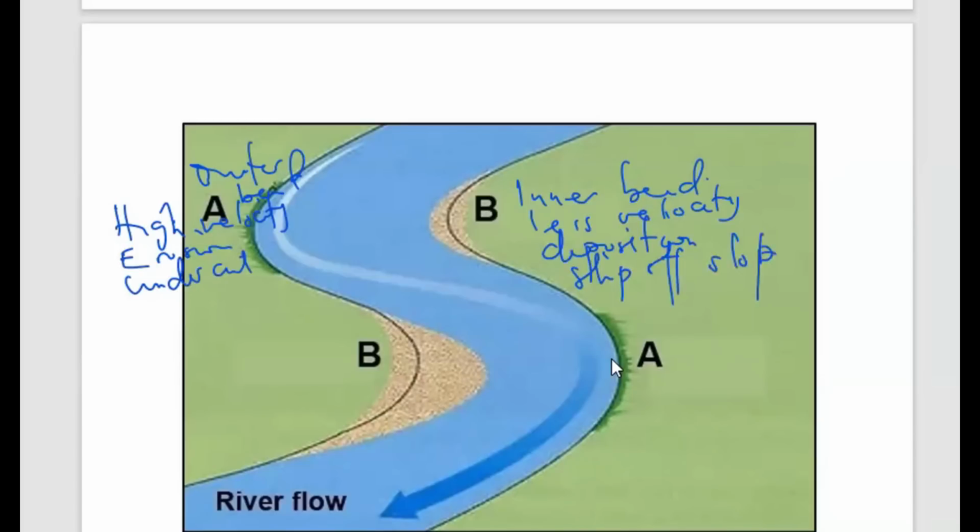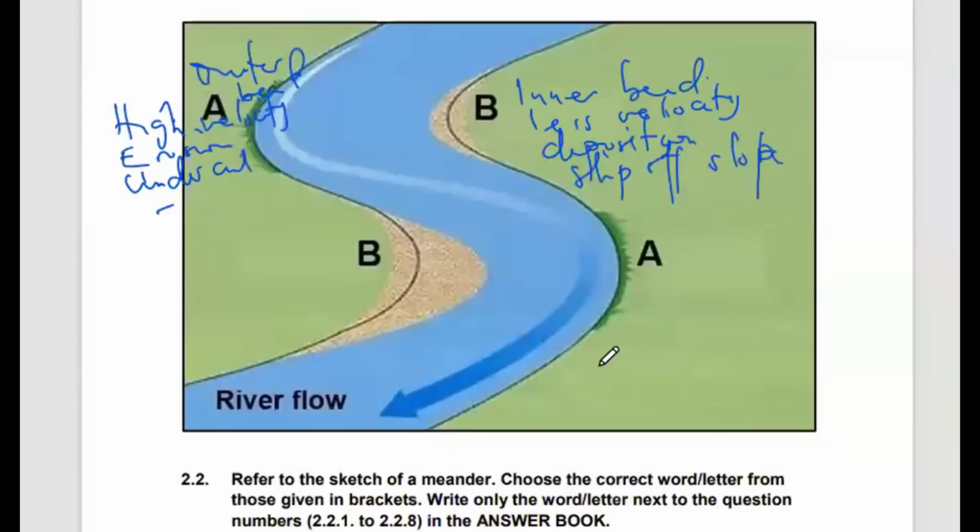The slope that develops on the inner bend is called a slip-off. There's deposition, water has less velocity, and it's the inner bend of the meander. This one is the outer bend. There's high velocity and erosion taking place, and the slope is called the undercut slope. That's the summary of the meander.